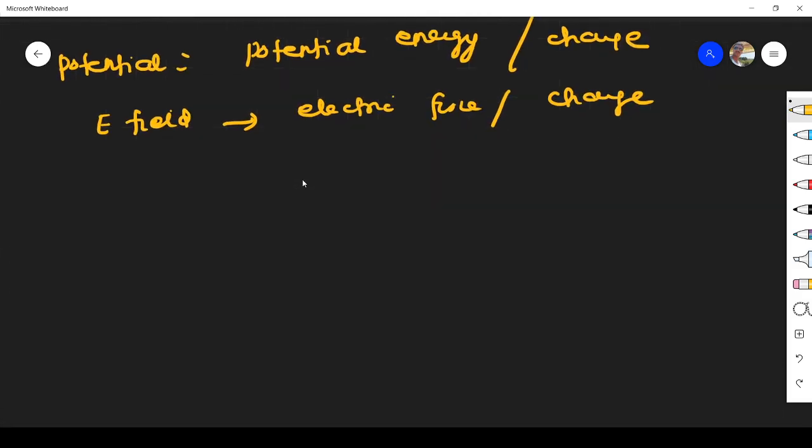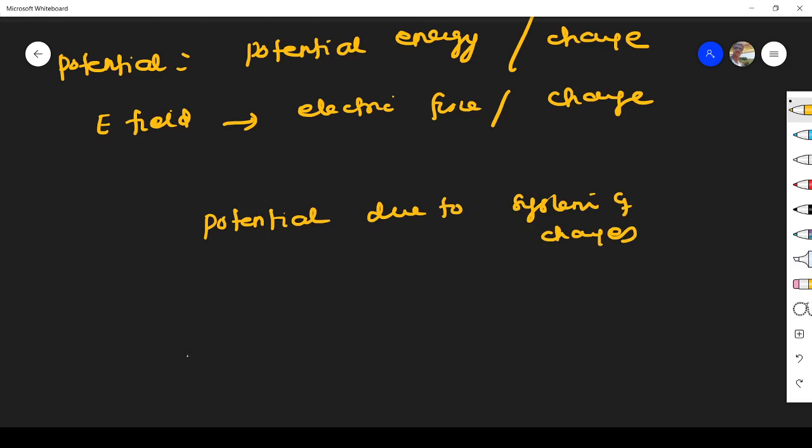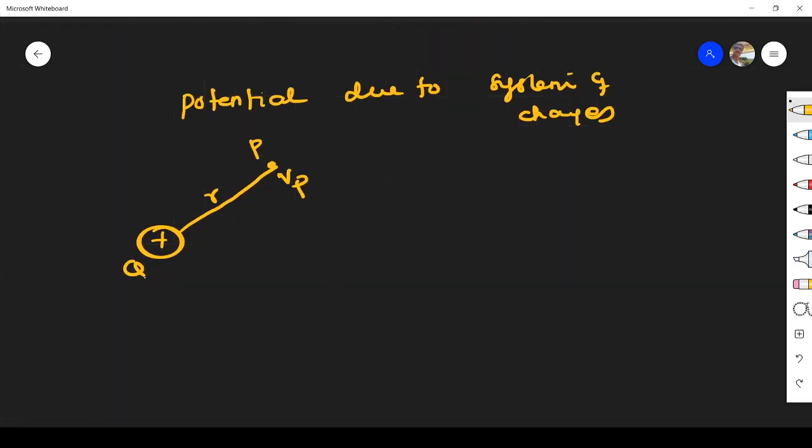Next thing we have to know is electric potential due to a system of charges. So far we studied one charge at the origin, and we wanted to find the potential at a point P, where the distance is R, we know. But it is only one charge. Suppose the world is full of charge, not only one charge.